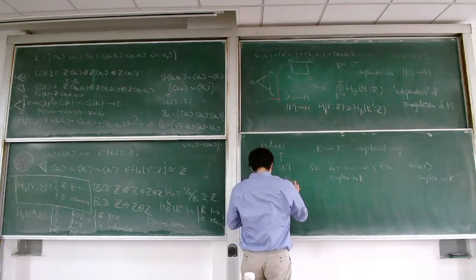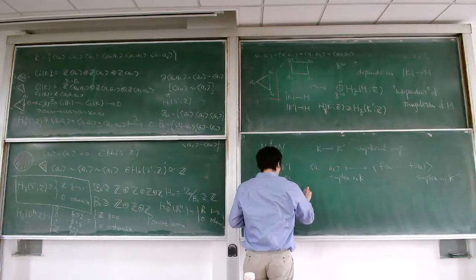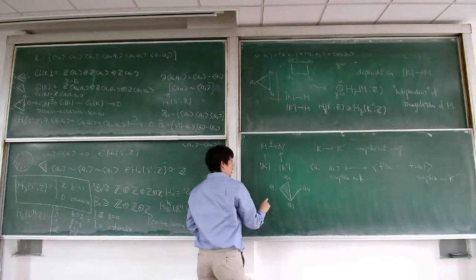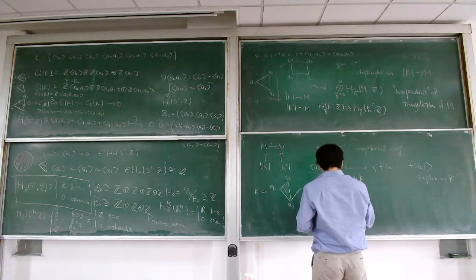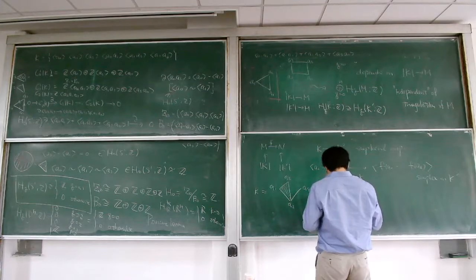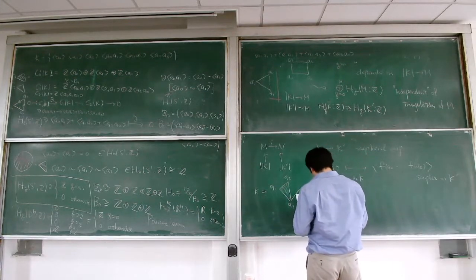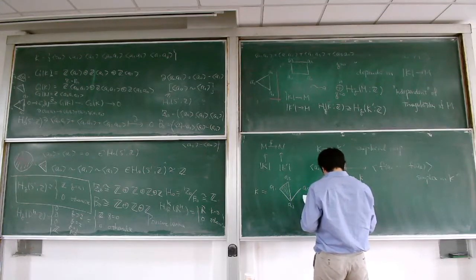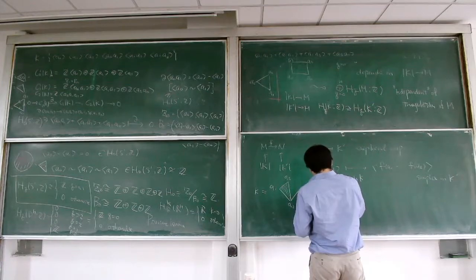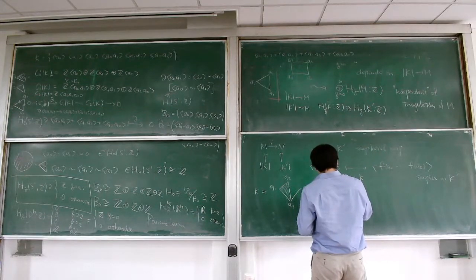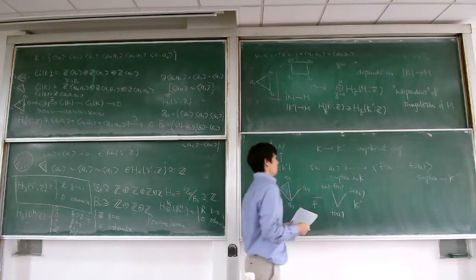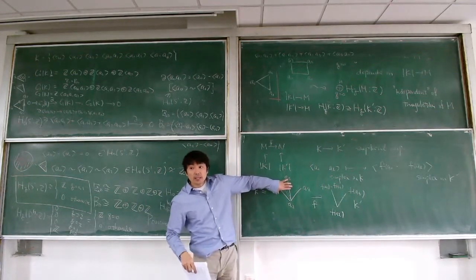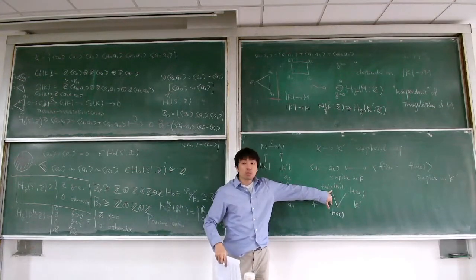A1, A3, A2, A4. So this is K. And then another simplex is in K prime, and the map F sends A2, A1 over. So these two simplices collapse into this one simplex.